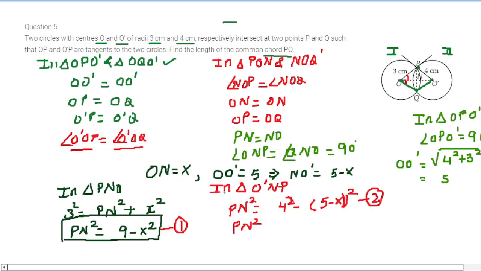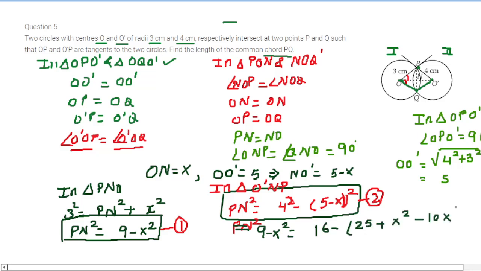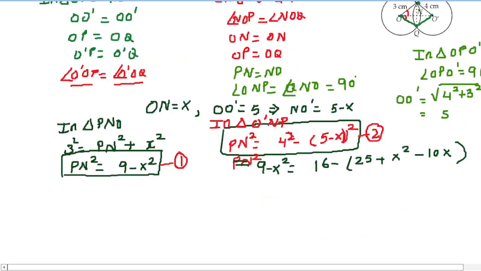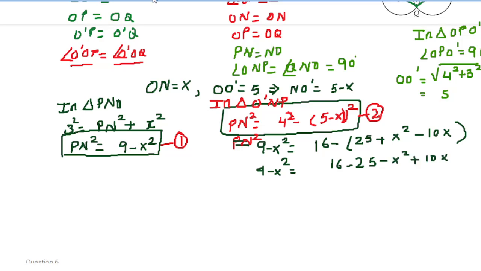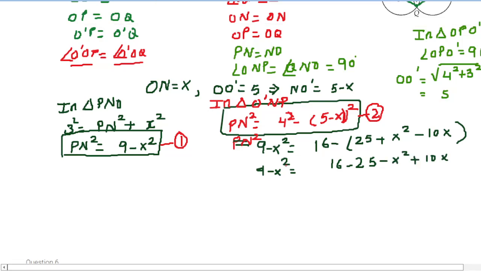So this implies 9 minus x square will be equal to 4 square, that is 16, minus 25 plus x square minus 10x. Now we will simplify it. 9 minus x square will be equal to 16 minus 25 minus x square plus 10x. From here, x square will be cancelled.